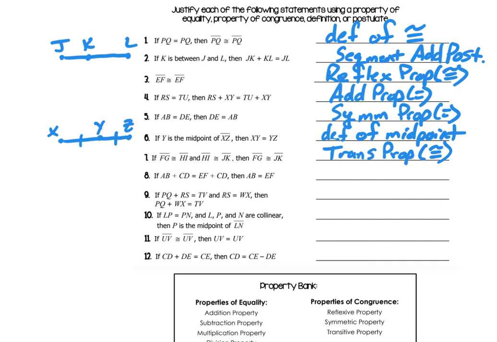What disappeared? Here's what we had. Here's what we have now. The CD's gone, right? What did they do to get rid of the CD? They subtracted it, right? So they're just subtracting CD away from both sides. So this would be the subtraction property of equality.